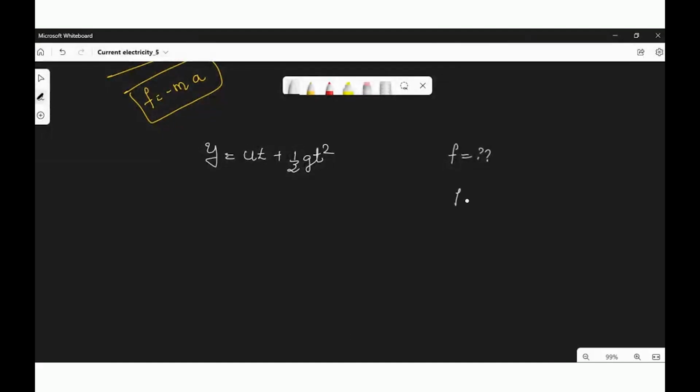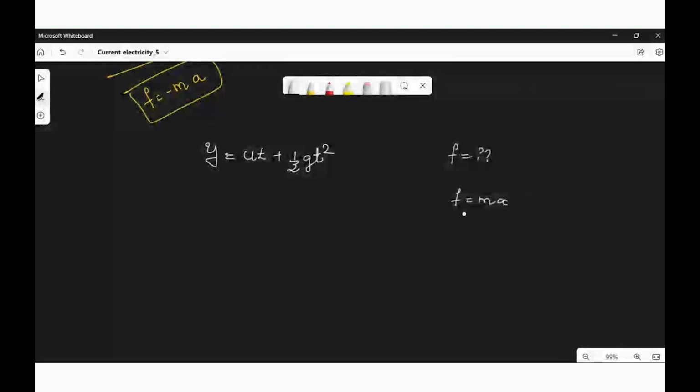Force is mass into acceleration. The mass is just given like m itself, and we have no idea about acceleration. But its position with respect to time is given, correct?